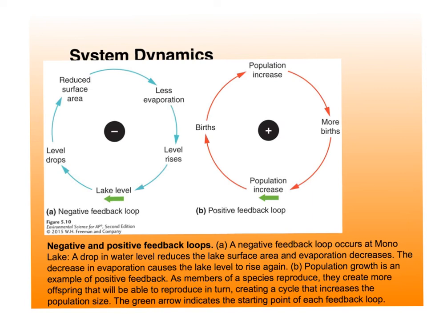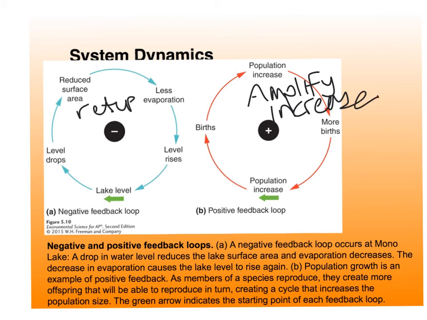So when you think positive feedback loop, I want you to think amplification or increase, and I want you to think of a negative feedback as a return to normalcy. Okay, so this is a return, right? Or a decrease in whatever the activity is.